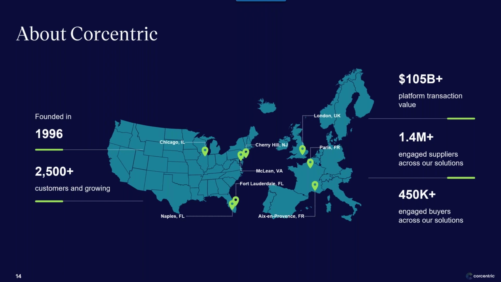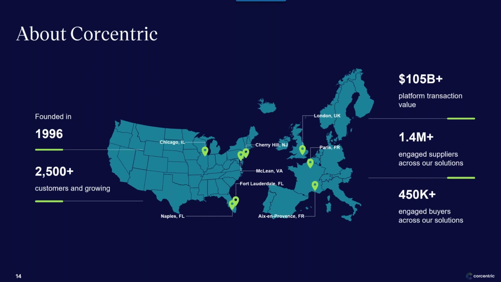So just a little bit about Corcentric. We have been in business for over 25 years, since 1996. We have offices in North America, in the UK, and in Western Europe. We have over 2,500 customers. We service both on the revenue management side, what touches order to cash, as well as the spend management side, so the source to pay cycle.